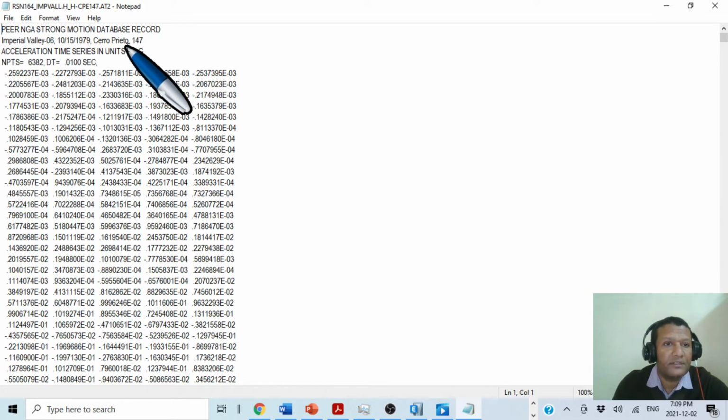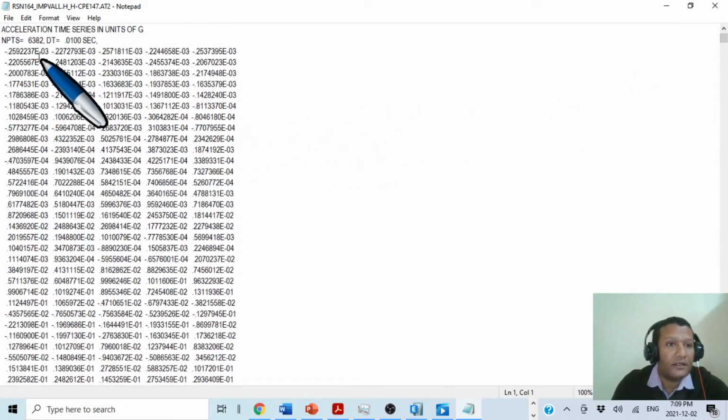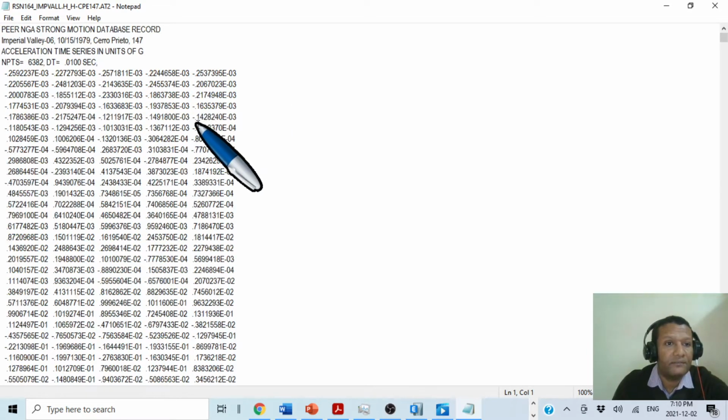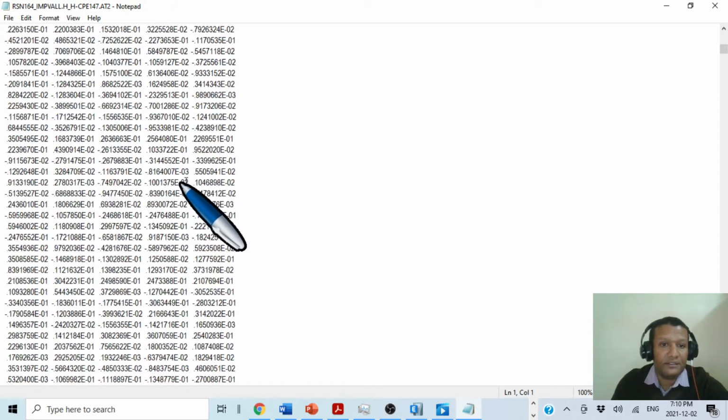Zero operator 147, acceleration time series in units of g, and total points, all these total points are around 6,382, and the interval is 0.01 second. So as you can see, each row has 5 data: 1, 2, 3, 4, 5. We have 5 data, and we will use this data later.